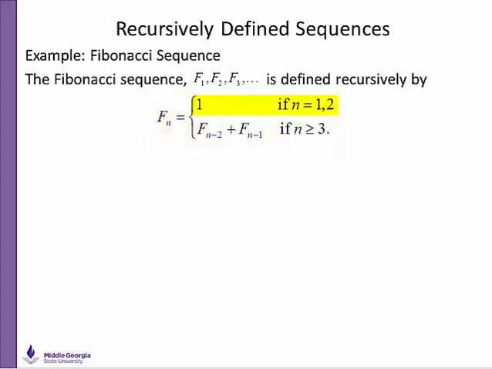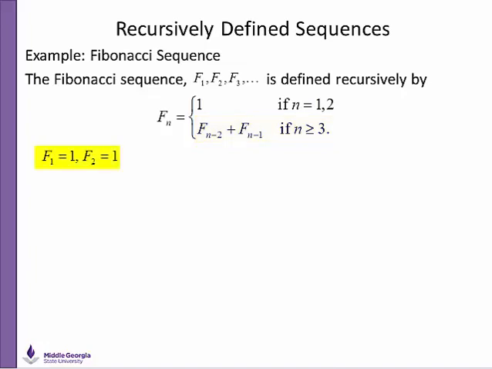The top line, the 1 if n equals 1 or 2, defines the initial values, and below that is the recurrence relation that uses the values of f that come just before f sub n.